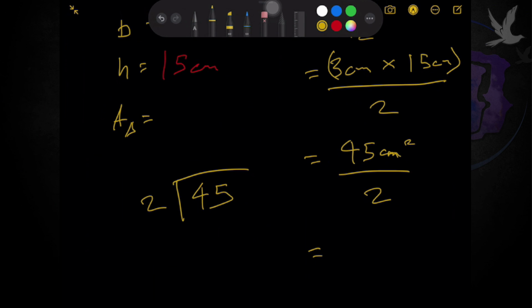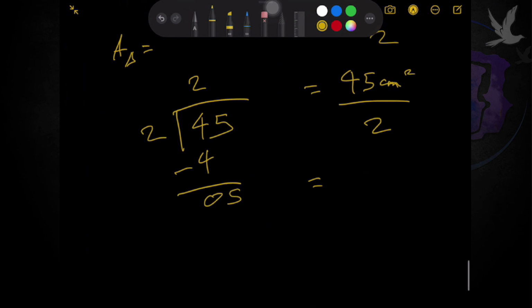So you have 2, 4, 0, 5. You have 2 again. 2 times 2 is 4. You have 1. Remainder 1. You already learned how to divide with decimals, right? So at this point, I don't want you to write the remainder. But you need to continue dividing this by adding a 0. And the moment you add a 0, you will have your decimal point there.